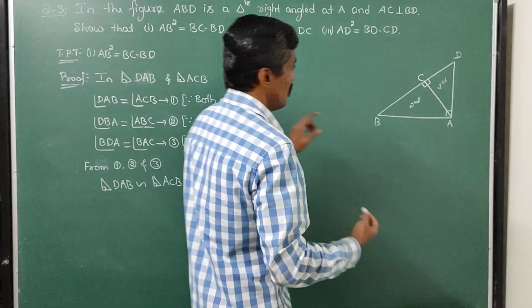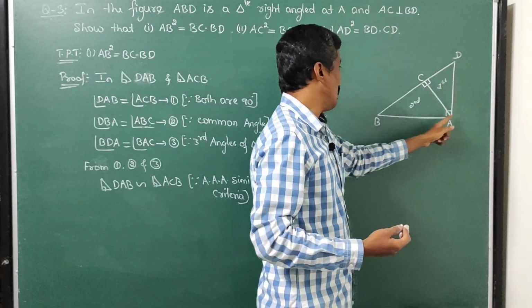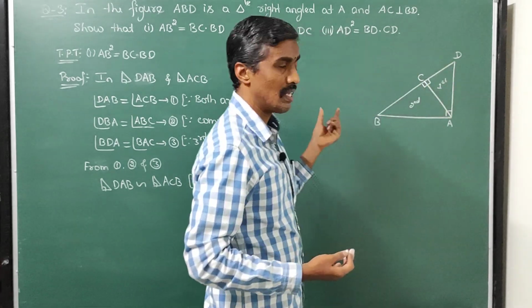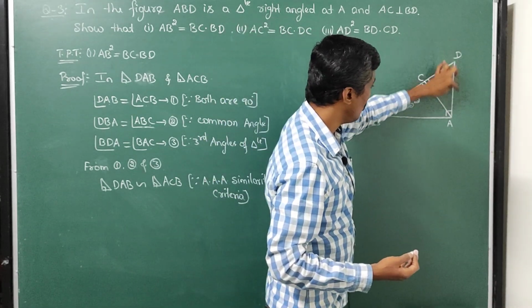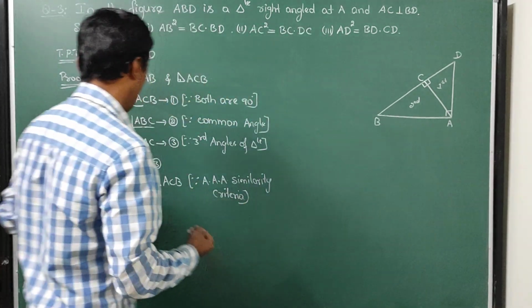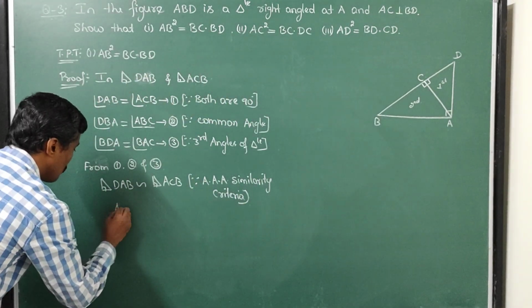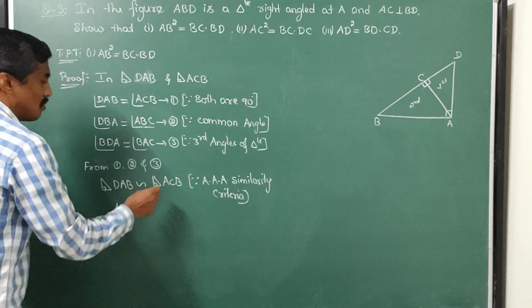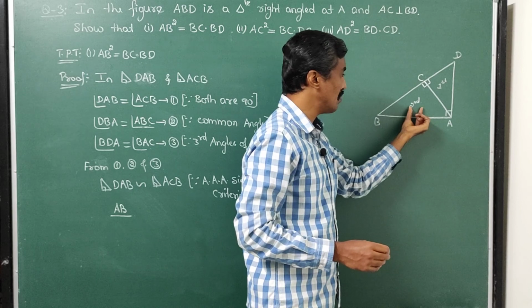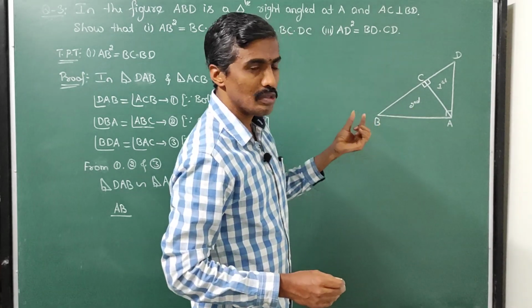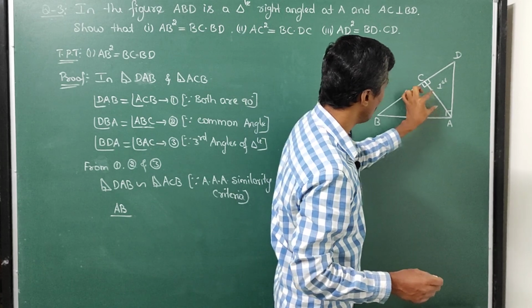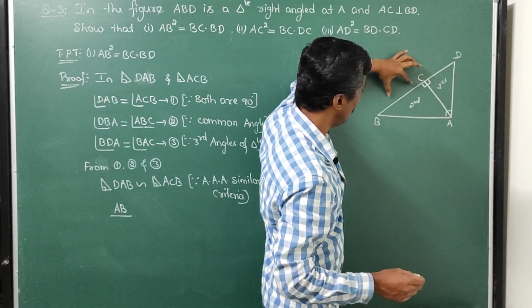In the bigger triangle, original triangle, DA is the smallest, second smallest is AB, correct? So AB divided by, in the smaller triangle, the second part, the first smallest side is AC, second smallest side is BC.